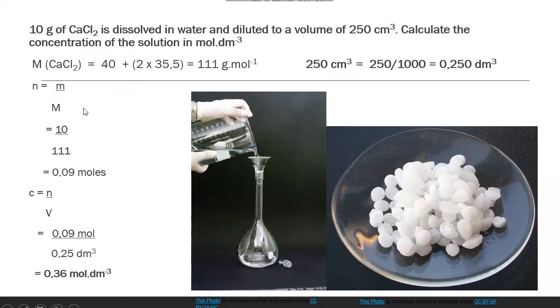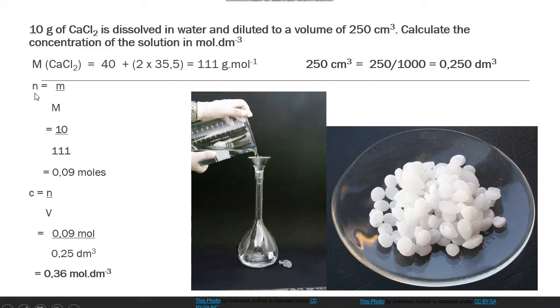So the first thing we do, we calculate the number of moles that 111 grams are. The 10 gram, and this is the molar mass.